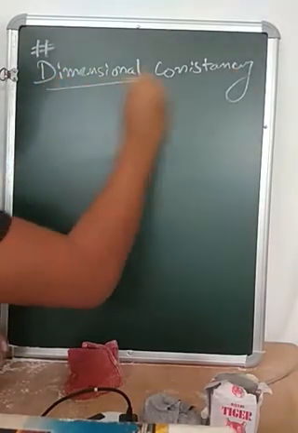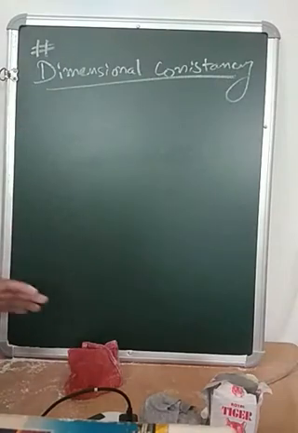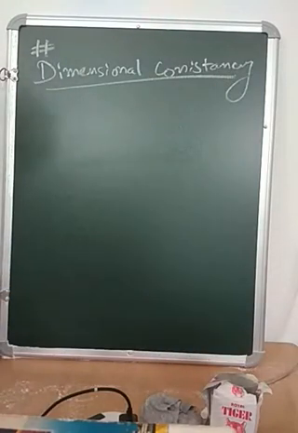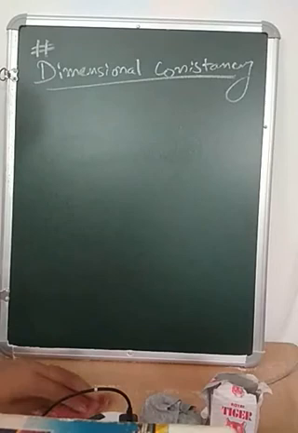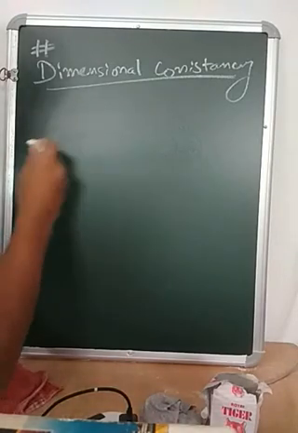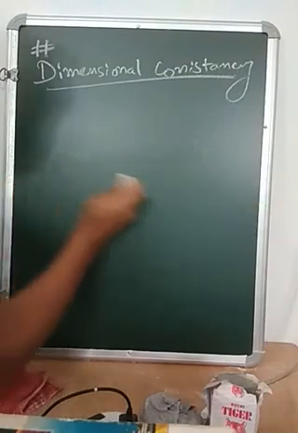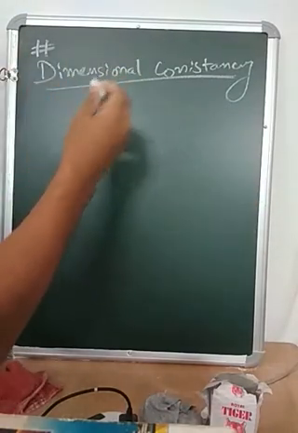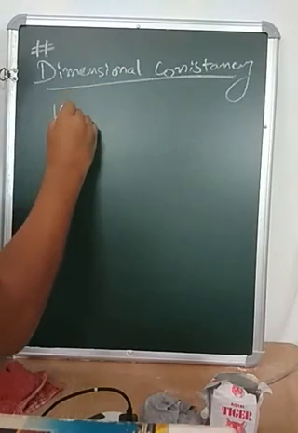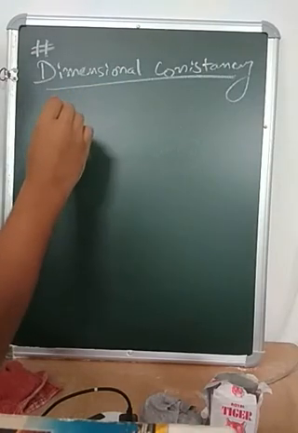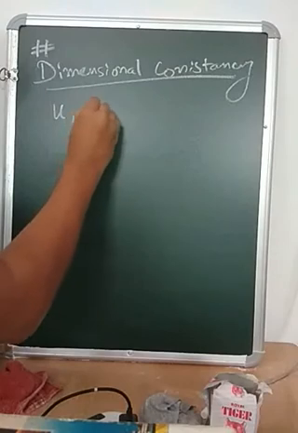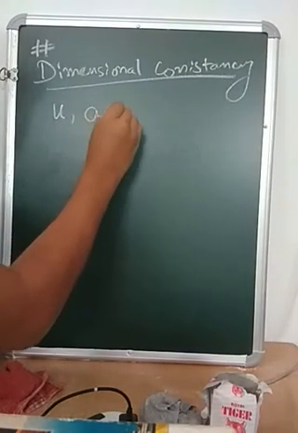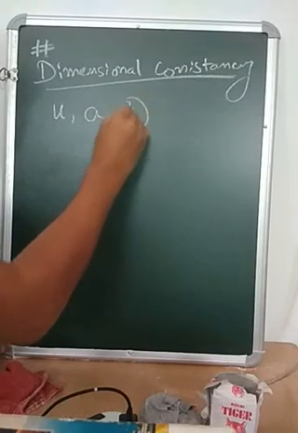Suppose we take an example: motion in a straight line. Suppose a body is moving with initial velocity u and acceleration a. At time t, what will be the distance covered?